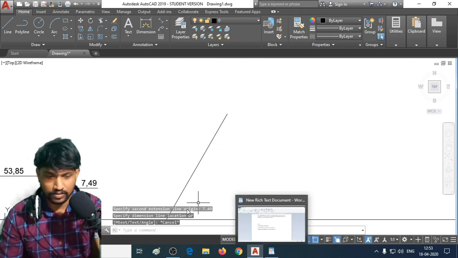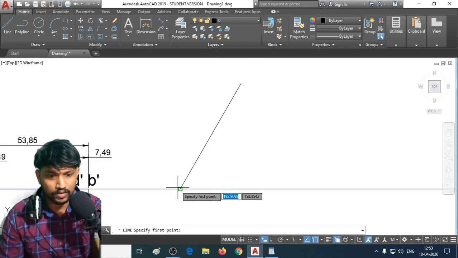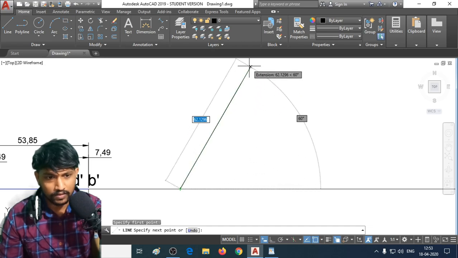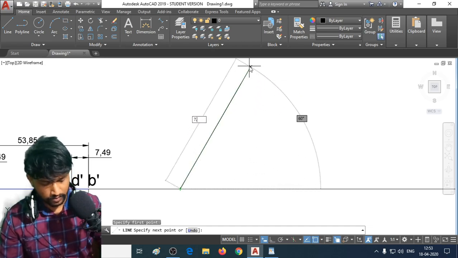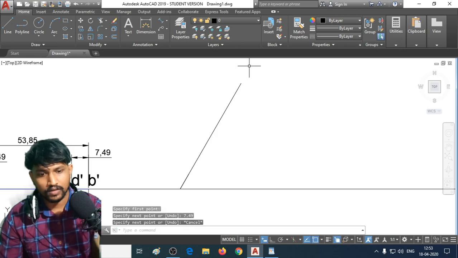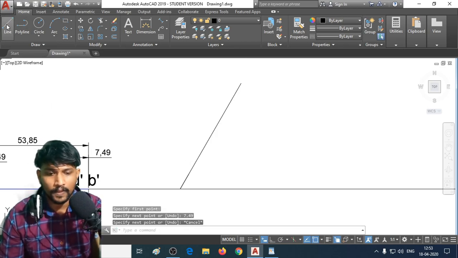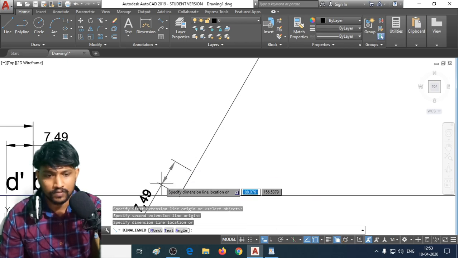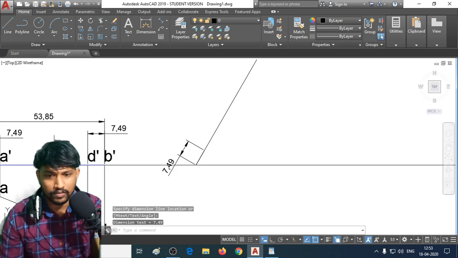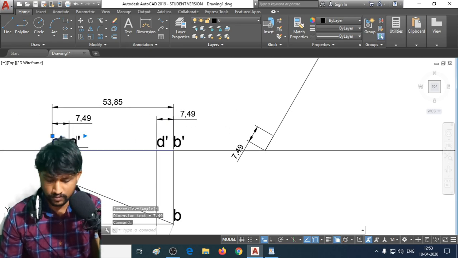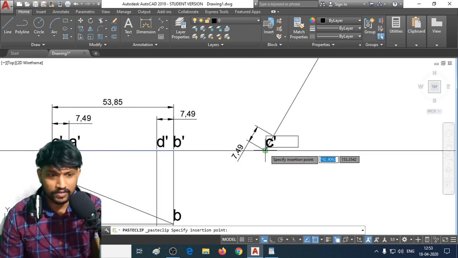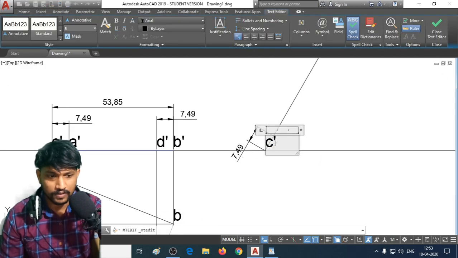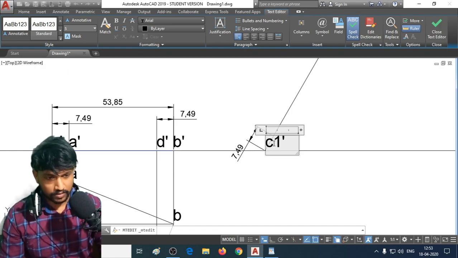Can't we do one thing? I will just take a line, 7.49. I will take this point. And I'm going to name the point which is actually touching this horizontal plane as C1 dash.